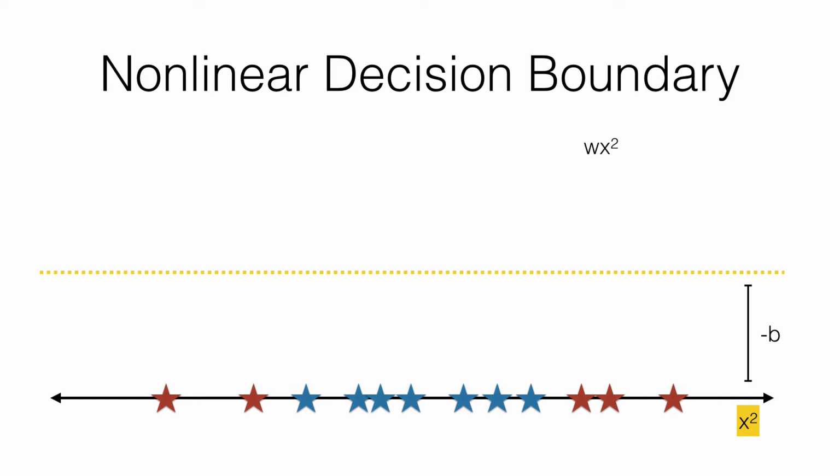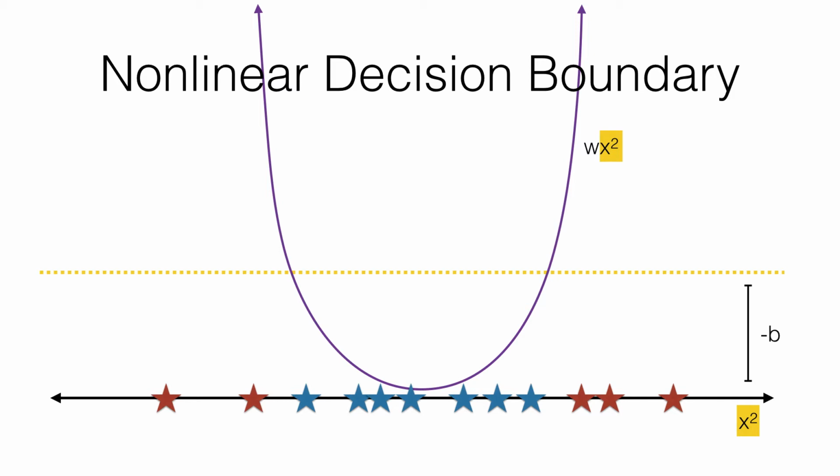And the classifier is going to make its decision based on thresholding w times x squared. And what that would look like is some form of parabola-like shape where we're going to have very positive values on the left and very positive values on the right, and some less positive values in the middle.